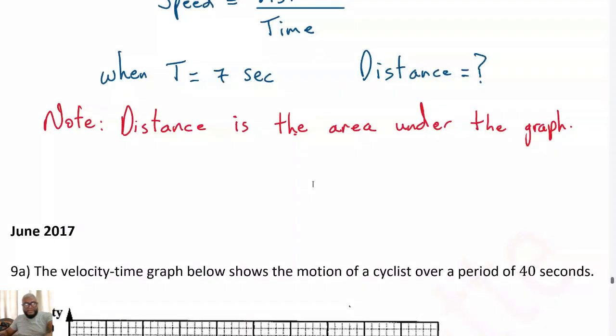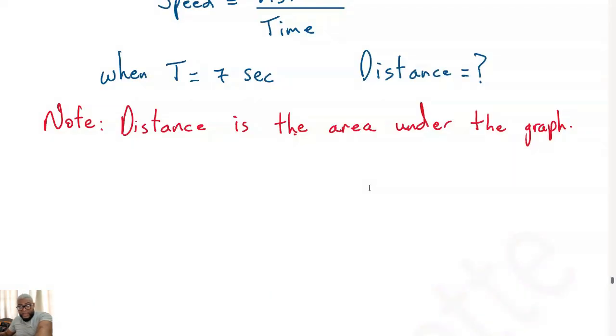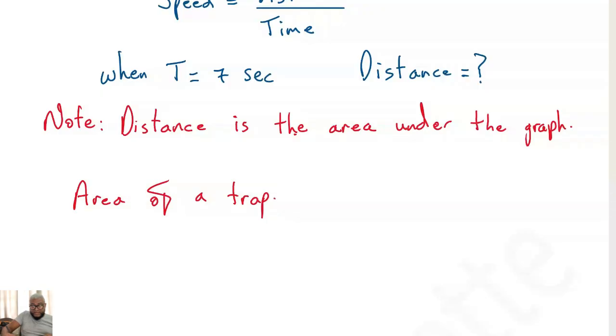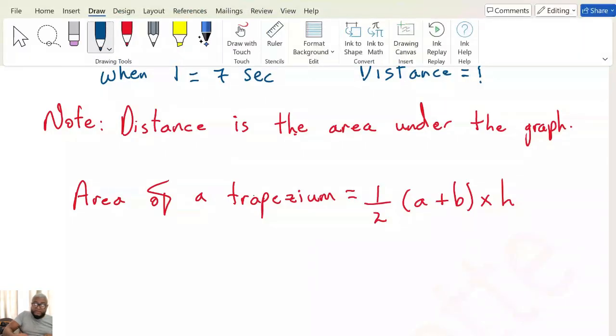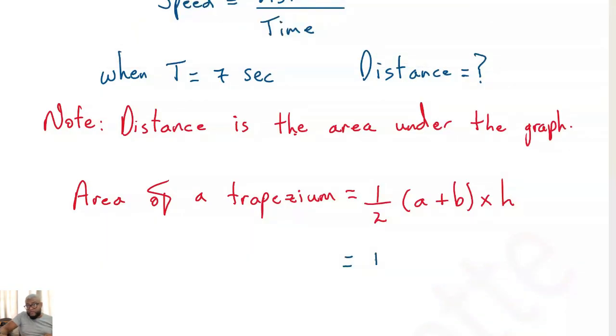There we go. So I need the formula for area of a trapezium. Area of a trapezium is equal to half of A plus B multiplied by height. That's what I'm going to find now.